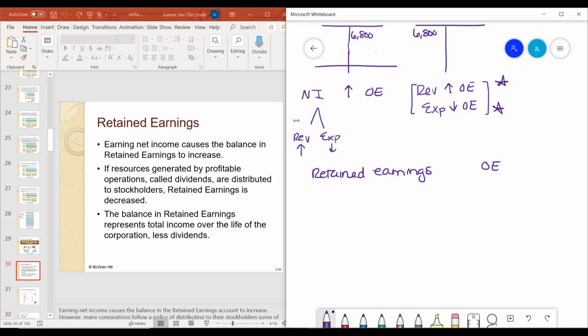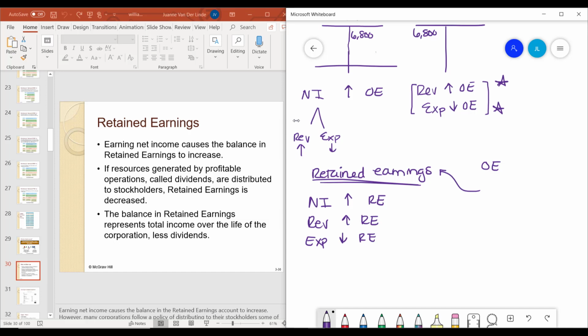So when we say net income or revenue increases owner's equity, or expenses decrease owner's equity, we're really just talking about retained earnings. Remember, retained earnings is just the accumulation of profits in the business minus any dividends. Okay?